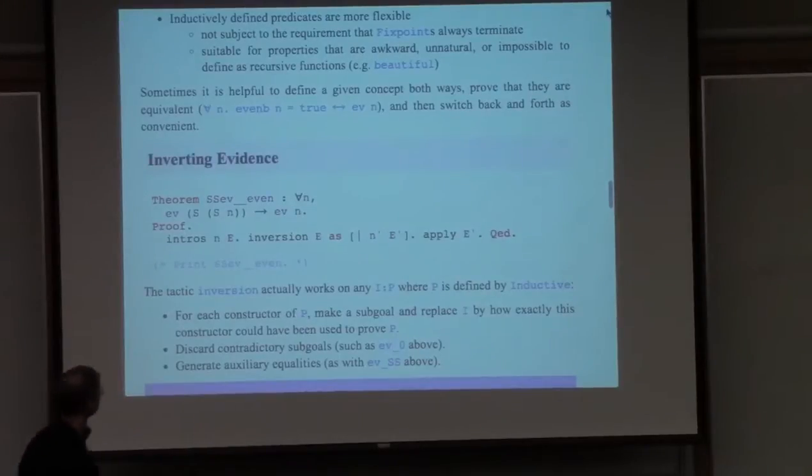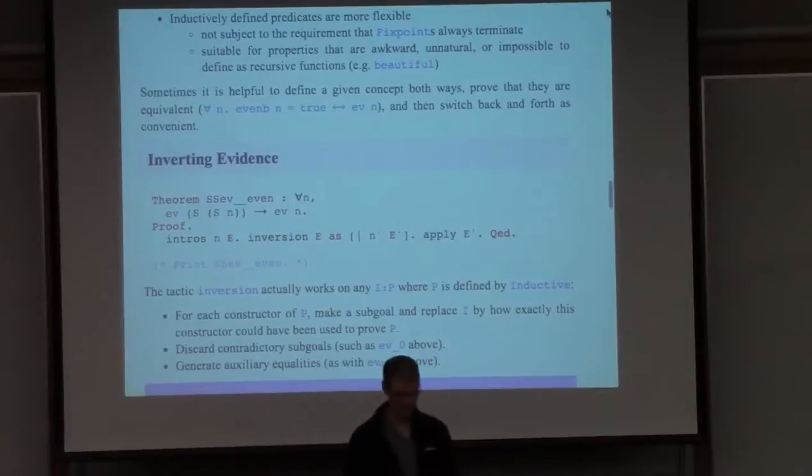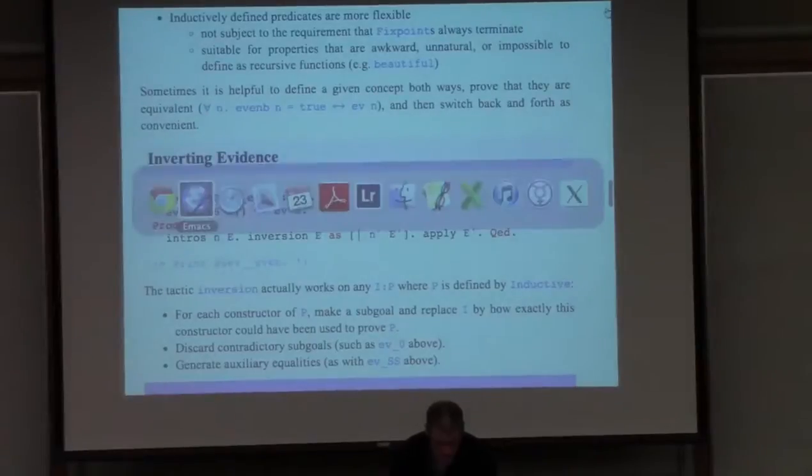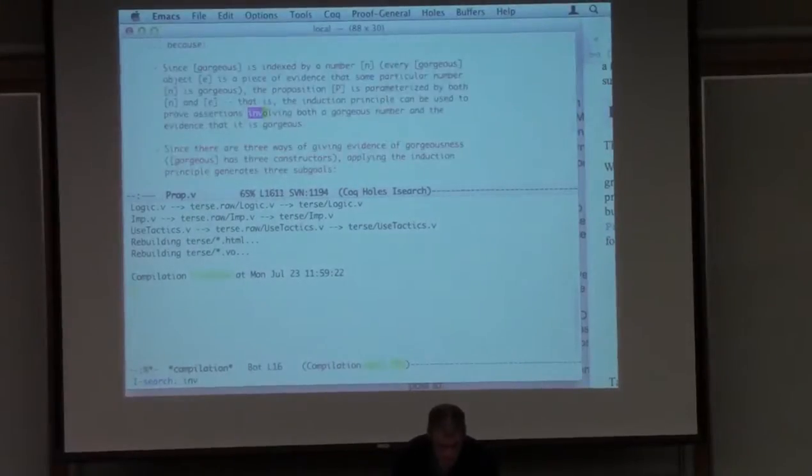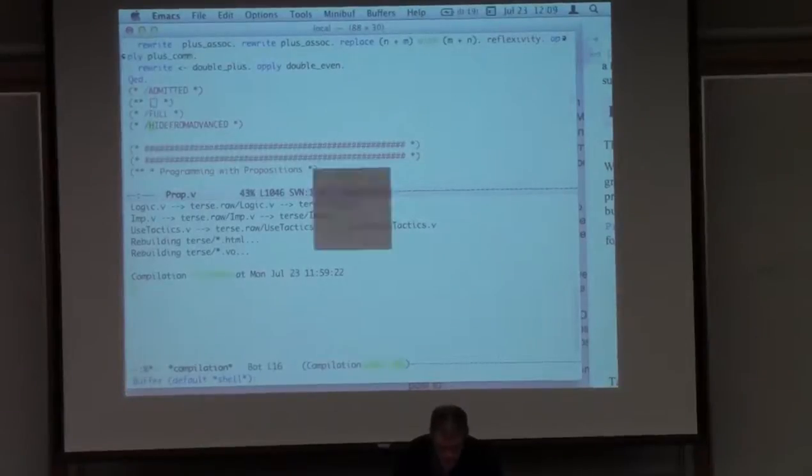Let's go to our Coq window and actually look at this.